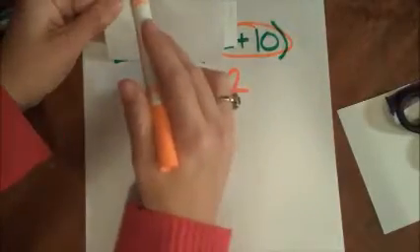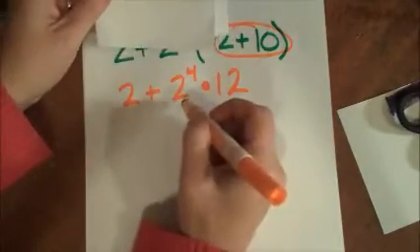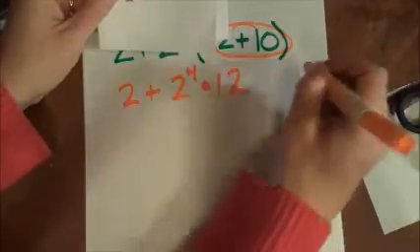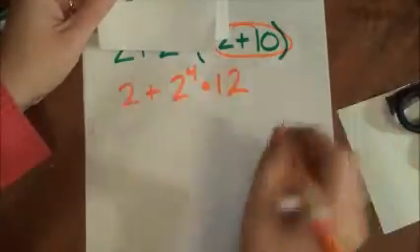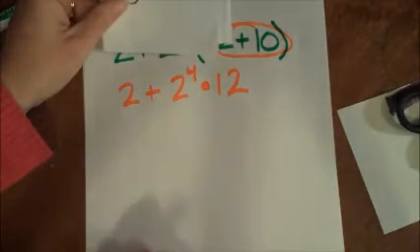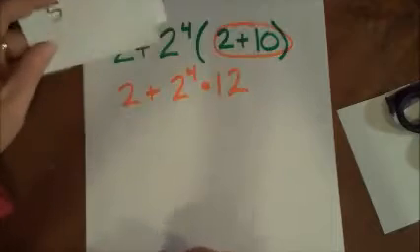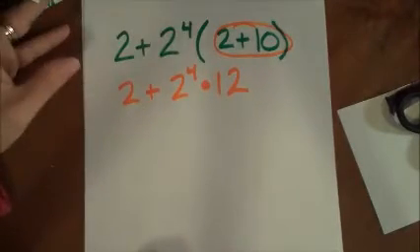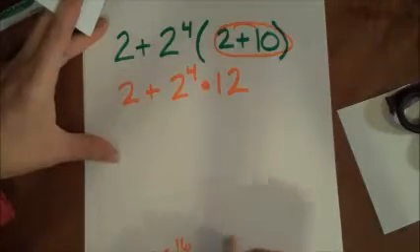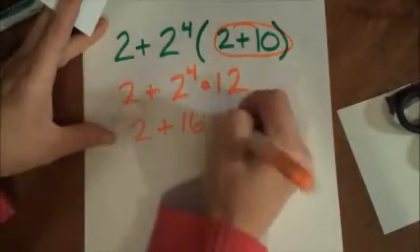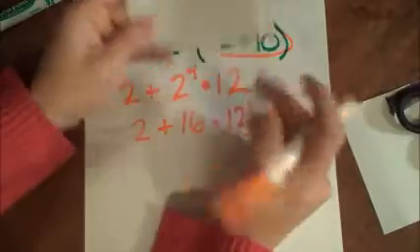There are exponents to evaluate, so I may again have to go over to the side of my paper and figure out what 2 times 2 or at the bottom of my paper. I just don't want to do it on this line because it could easily mess you up. 2 times 2 times 2 times 2 is 16. So 2 plus 16 times 12.